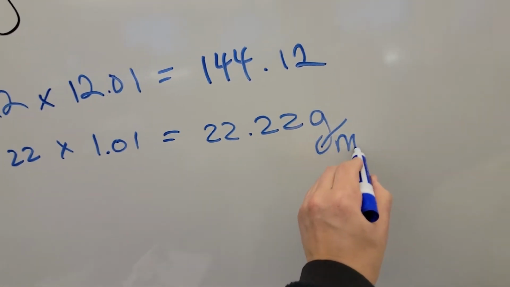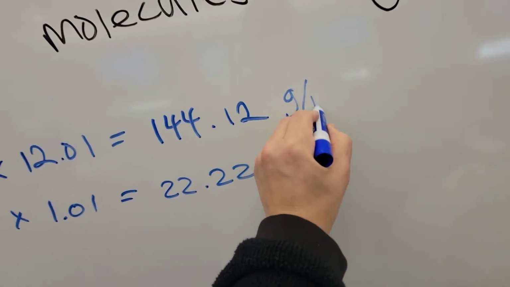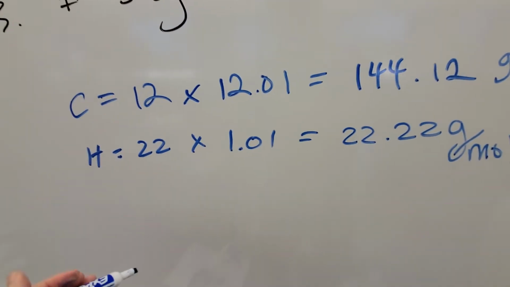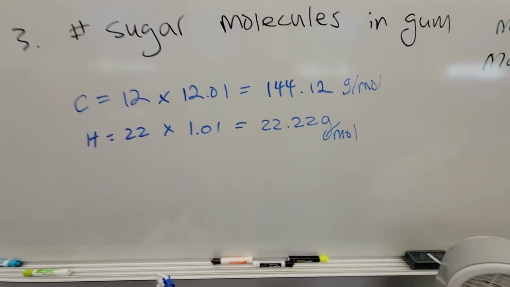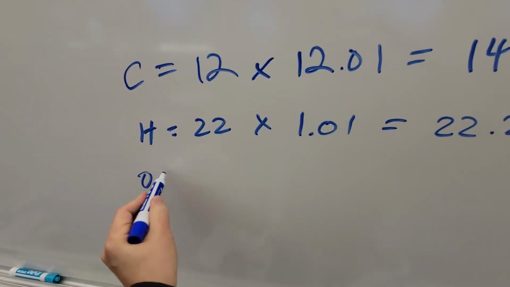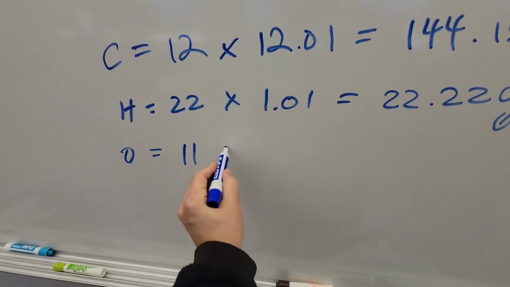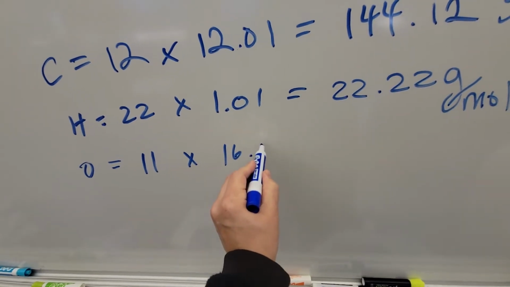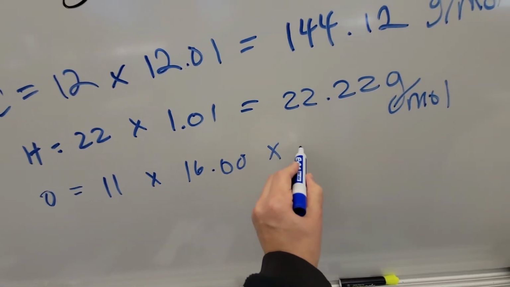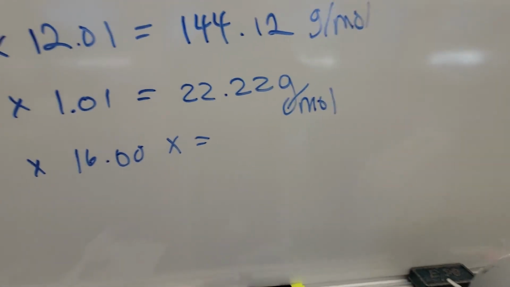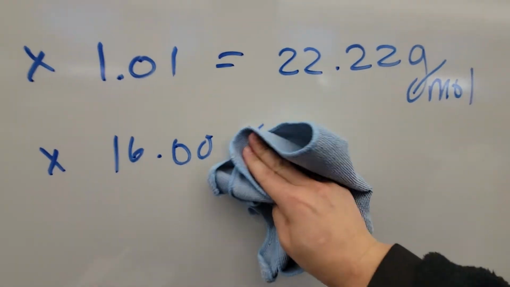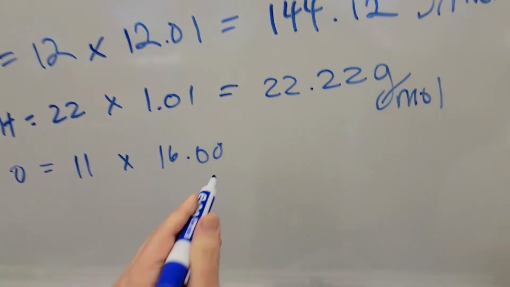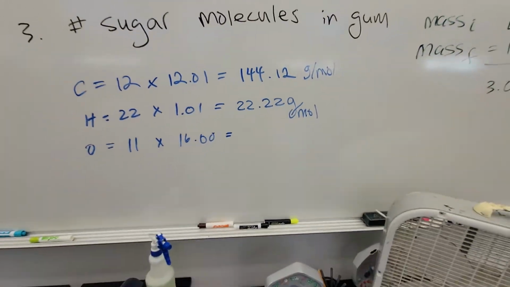Grams per mole. And then finally the oxygen. There's 11 of them. The molar mass of that is 16. Oops. Let me go to my calculator for that.